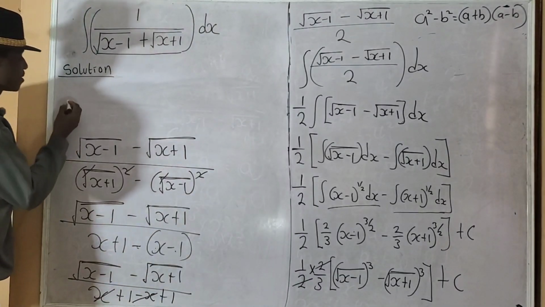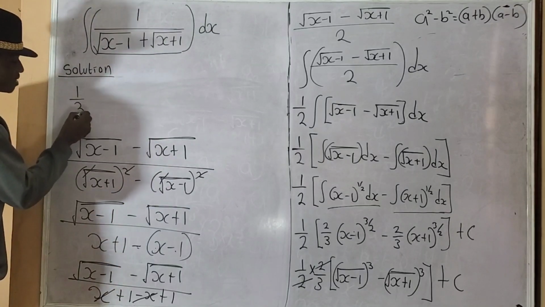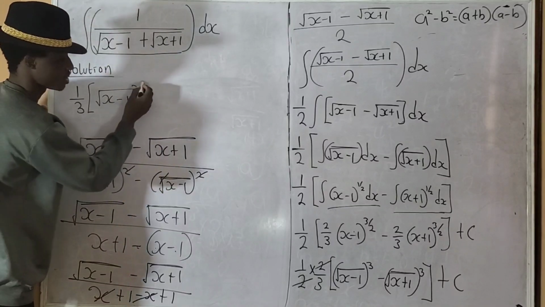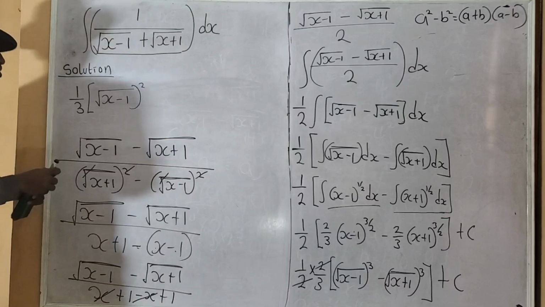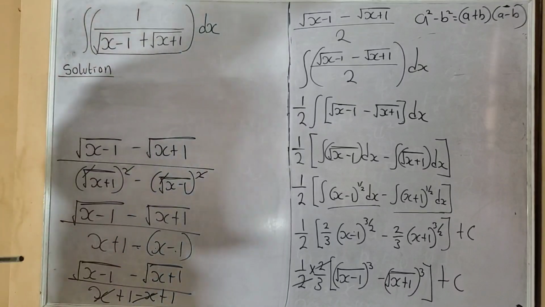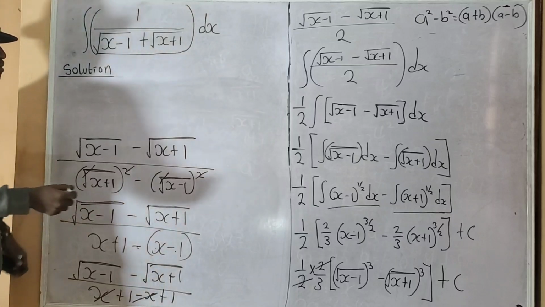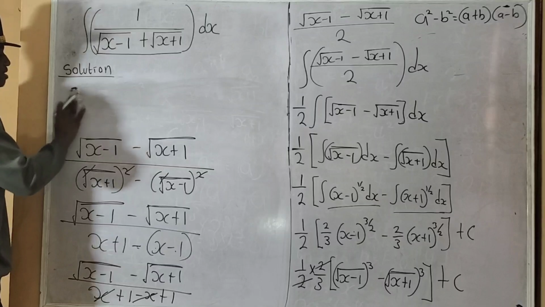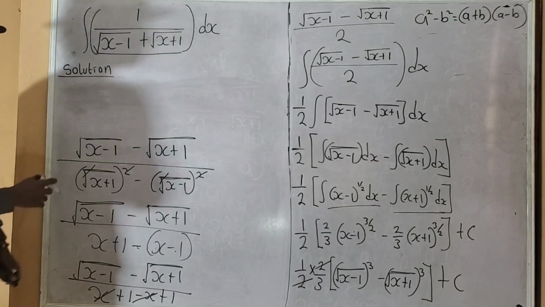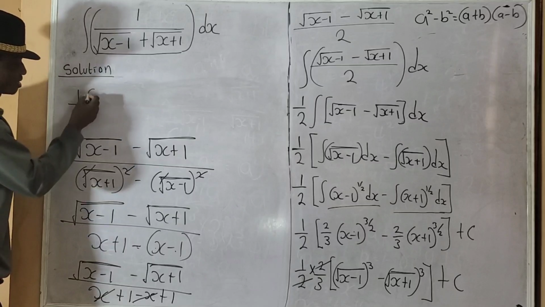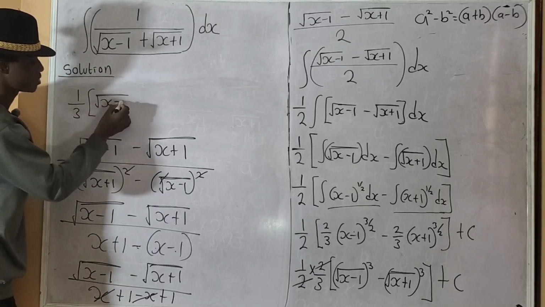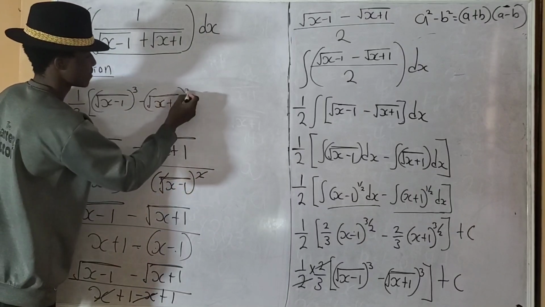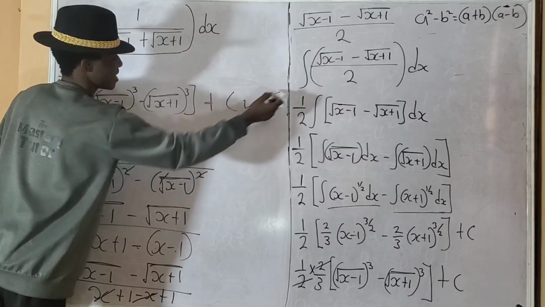So the integral becomes 1 over 3 times the square root of x minus 1 raised to the power of 3 minus the square root of x plus 1 raised to the power of 3, plus c, which is the final answer.